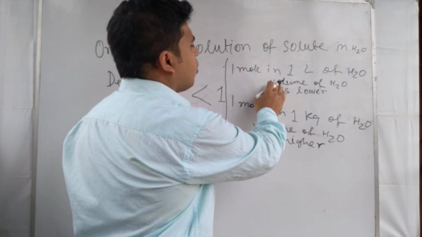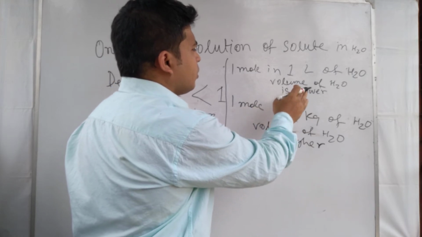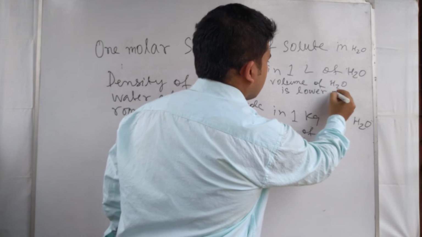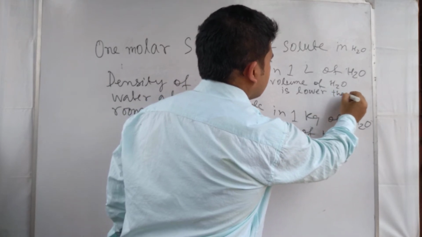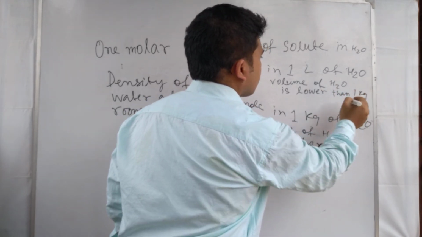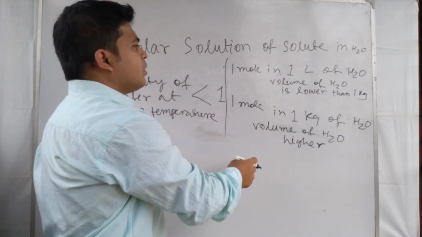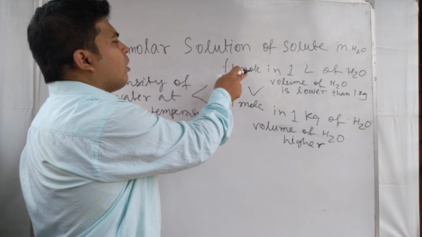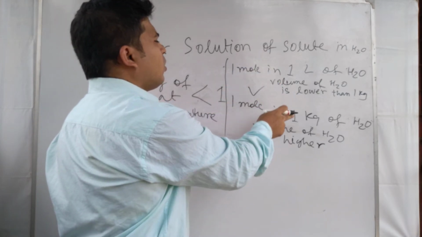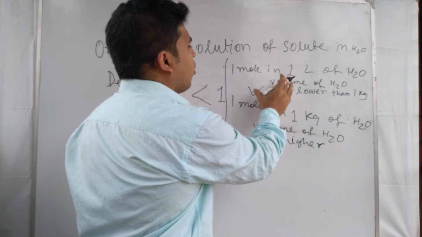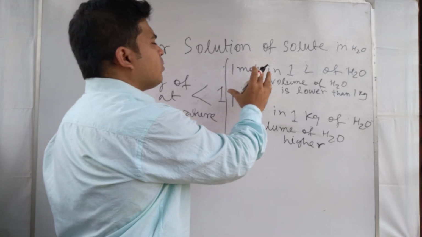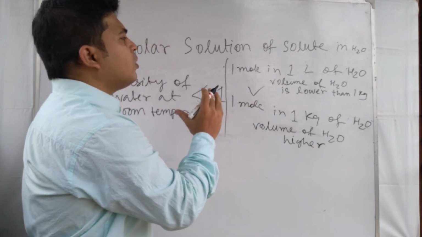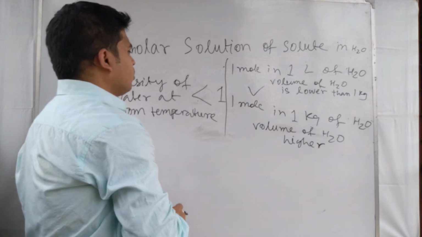That means the volume of H2O is lower compared to the volume of water in 1 kg. So for this reason, when 1 mole is dissolved in 1 liter of H2O, the volume of the solvent is lower, but the amount of solute is constant in both cases.